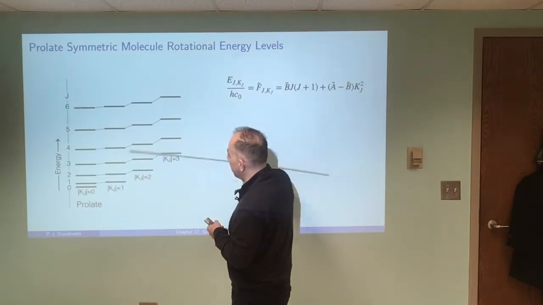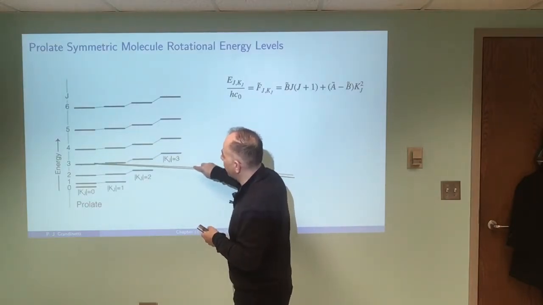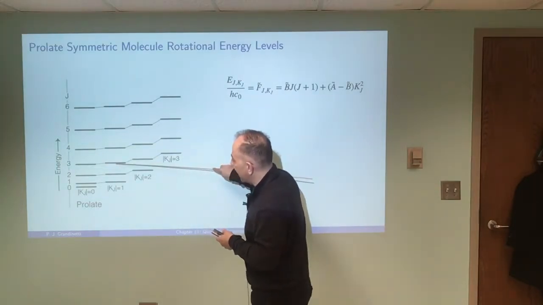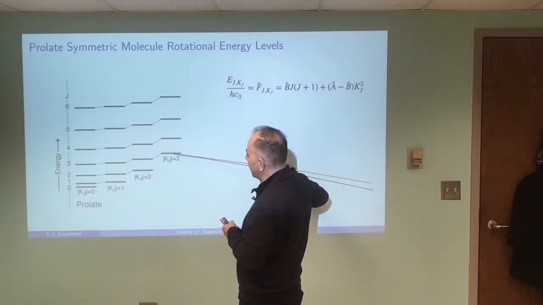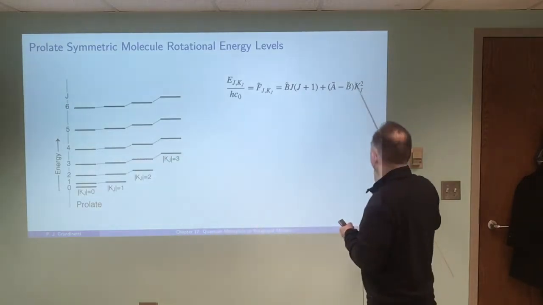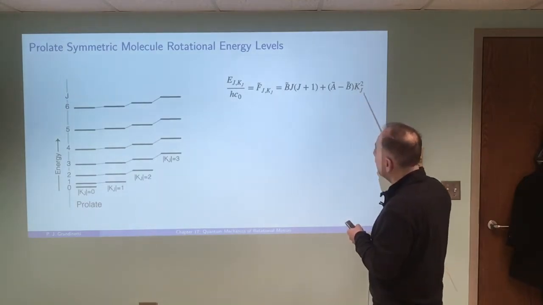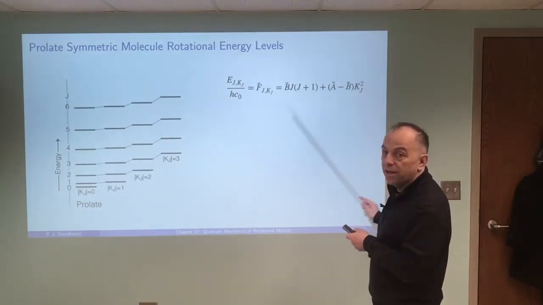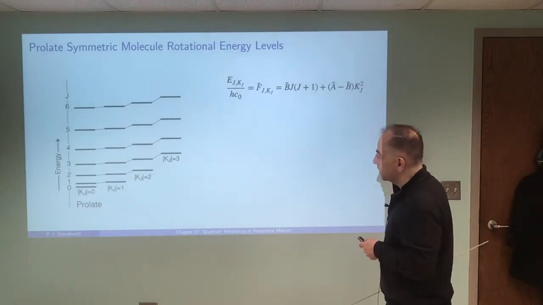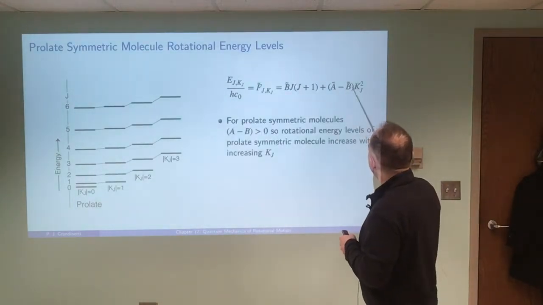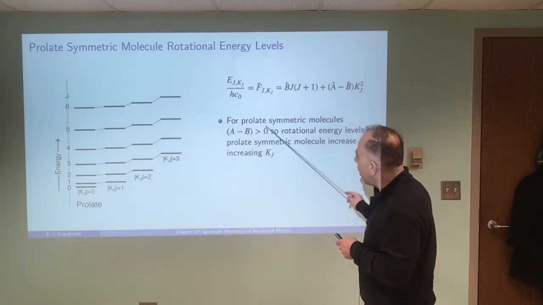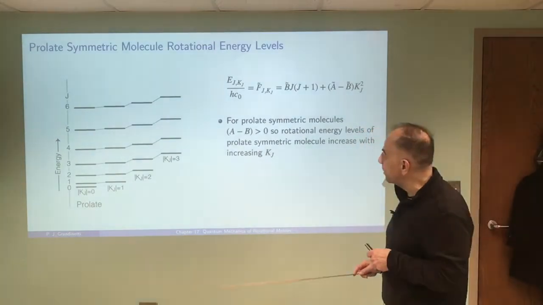So like Kj for j equals 3, you go from Kj of 0, Kj of plus or minus 1, Kj of plus or minus 2, or Kj of plus or minus 3. It continues to increase. And it doesn't depend on the sign of Kj because Kj shows up squared in our energy expression. Now, this term, A minus B, is always positive for a prolate symmetric molecule.